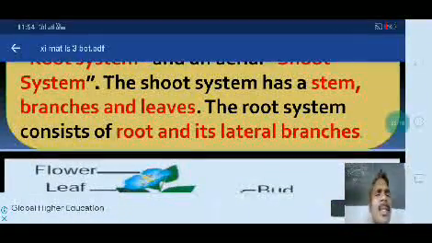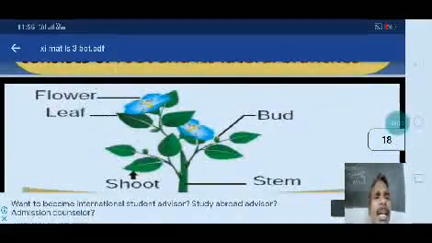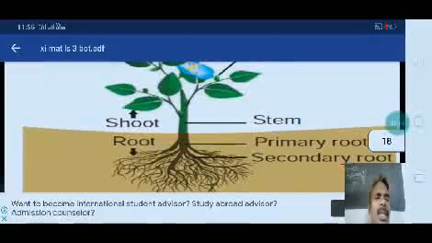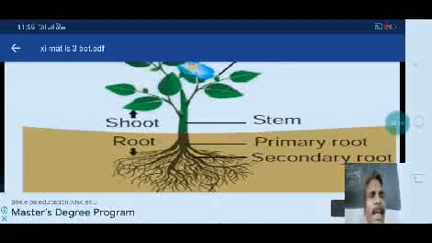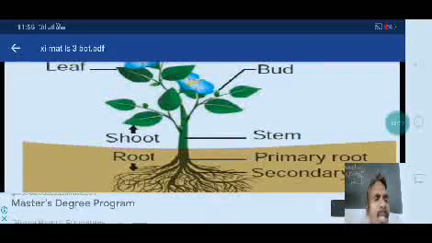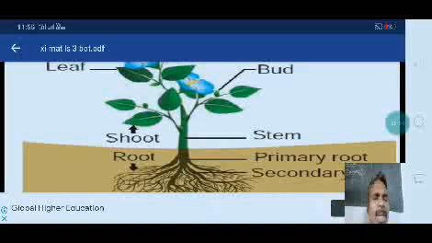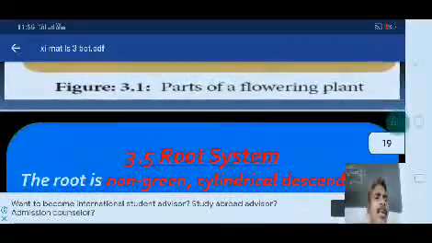The root system consists of the root and its lateral branches. In a single plant we can see the flower, leaf, bud, shoot, stem, primary root and secondary roots.